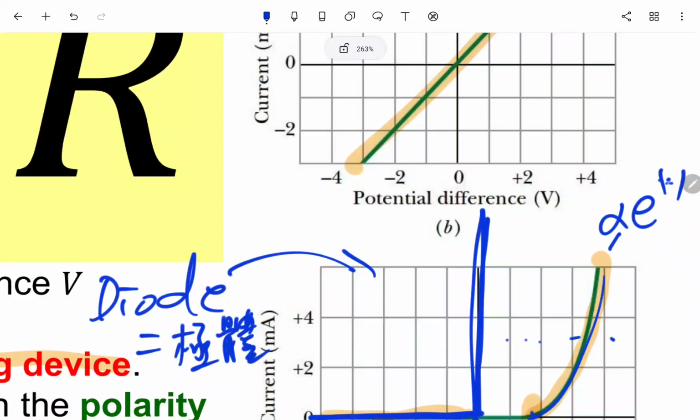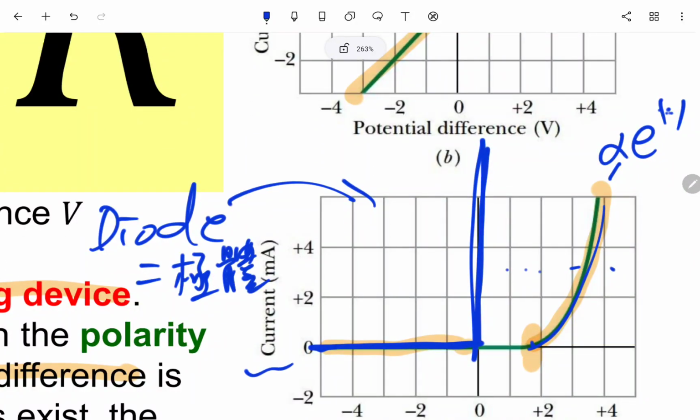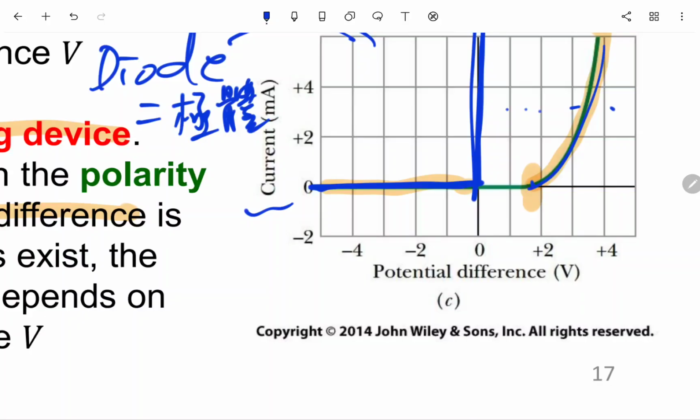We will say this is the current, and this is the voltage. Which means that if we take the derivative of this curve and then take the reciprocal, it will be the resistance. So for this region, the resistance will be infinity, because if we take the derivative here, this is flat, the slope is 0.